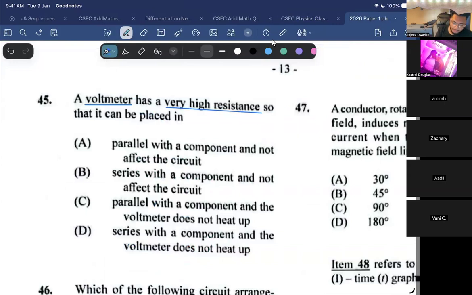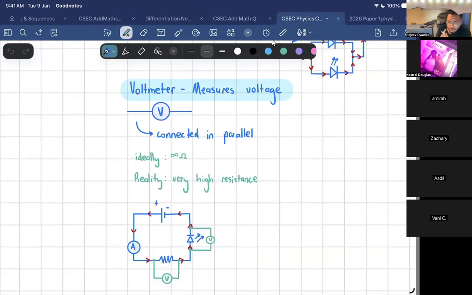Right, so wait, Adil. What does the voltmeter measure? Voltage. And it must be connected in parallel. Right. And it should have what, low resistance or high resistance? A high resistance.